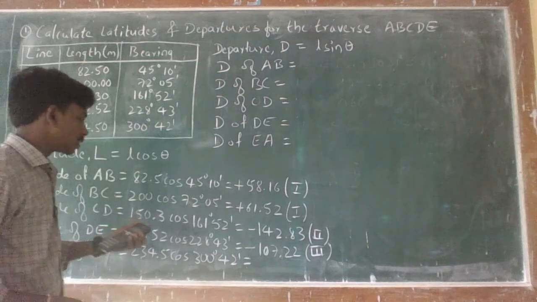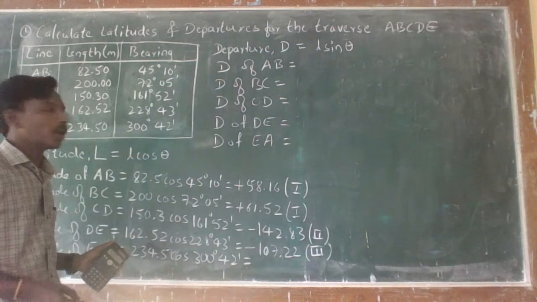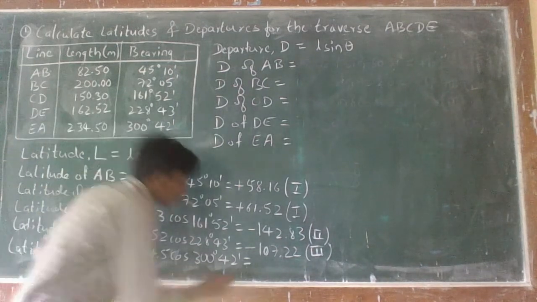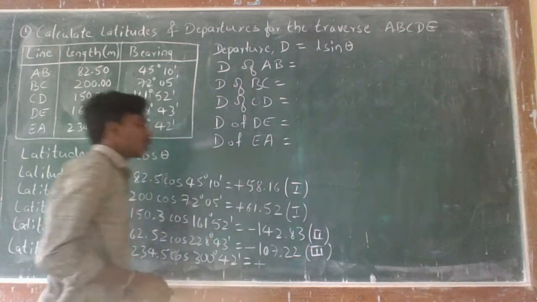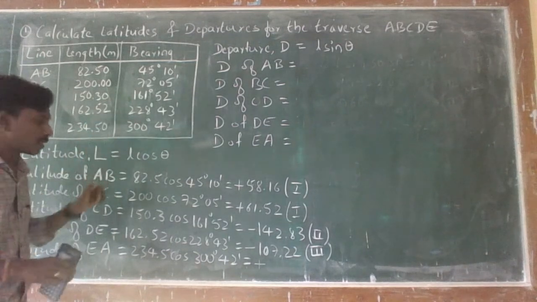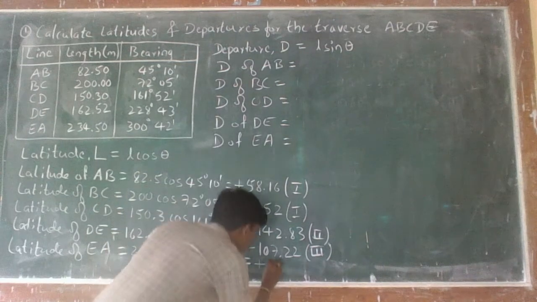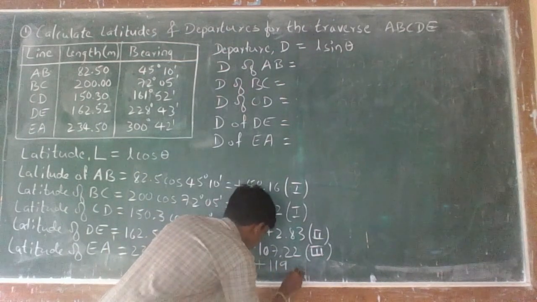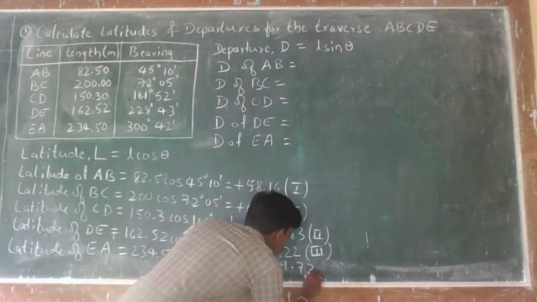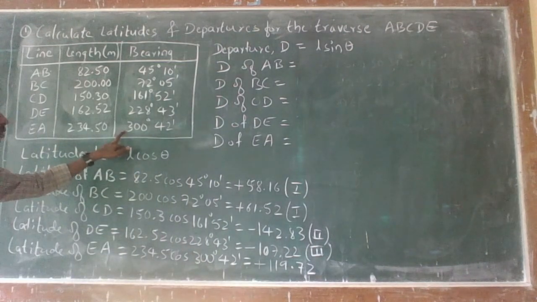So the value is positive. So in the calculator we got the value in the positive. So keep the sign plus, because they have given whole circle bearing system here. So plus 119.70.